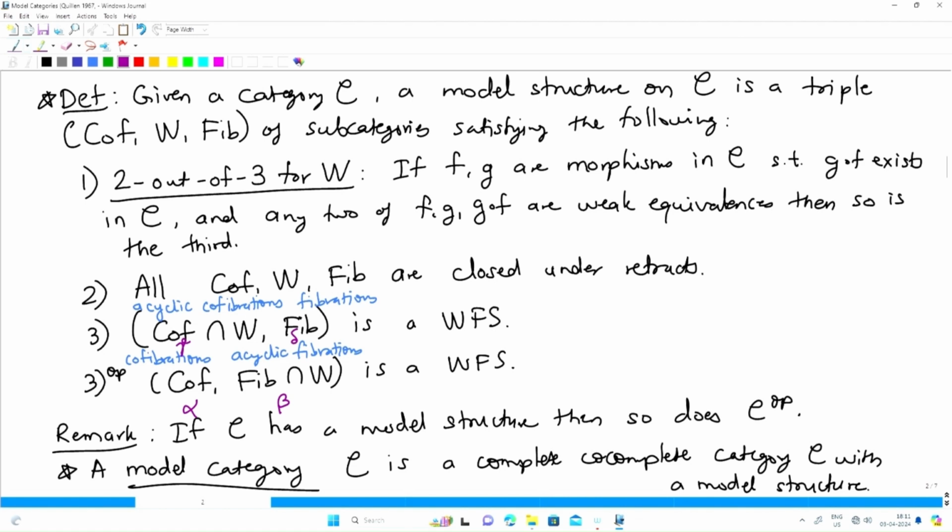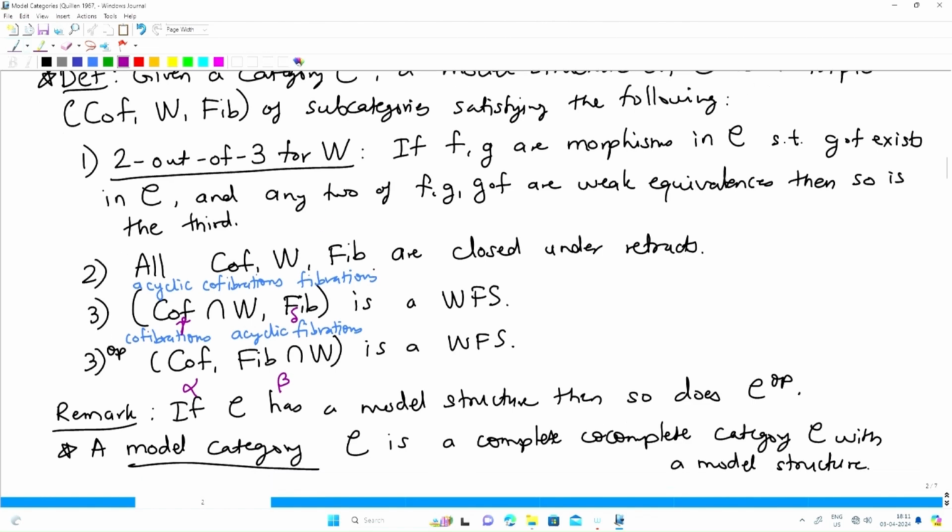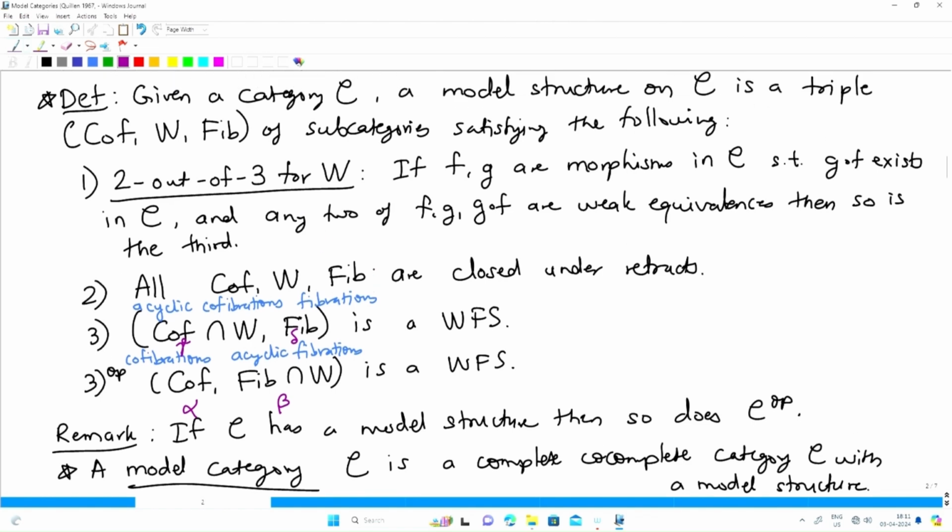Okay, so I already mentioned that it is sufficient to describe only two classes, cofibrations and weak equivalences, or fibrations and weak equivalences. In practice, people prefer cofibrantly generated model structures, which means cofibrations are given, weak equivalences are given, and then you do not talk about fibrations, they are automatically there.